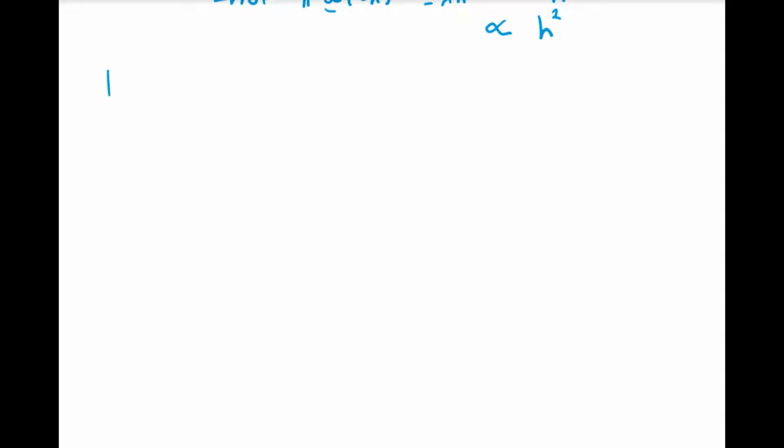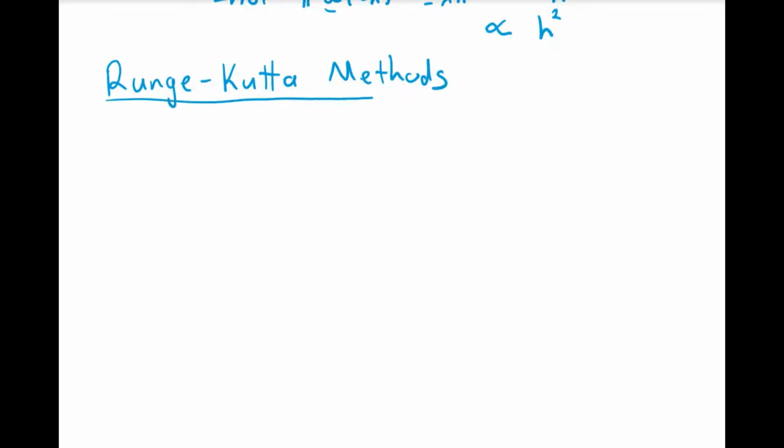The method of doing that leads to a whole class of numerical methods called the Runge-Kutta methods. It's not just one numerical method, it's a whole family, and different versions of this family are used for different purposes, depending on your differential equation and depending on how accurate you want. And one of these is built into MATLAB as the ODE45 method.